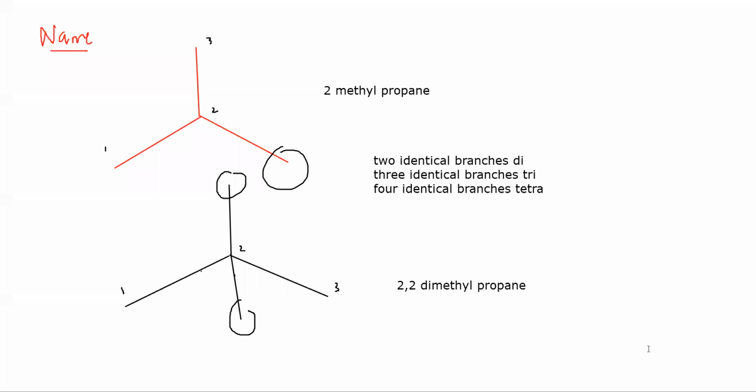Another example. If I count from left to right, the branch will come at second. If I count from right to left, the branch will also come at second.